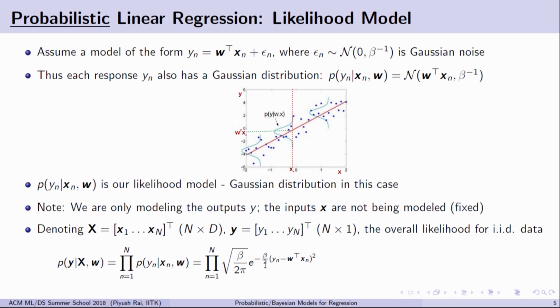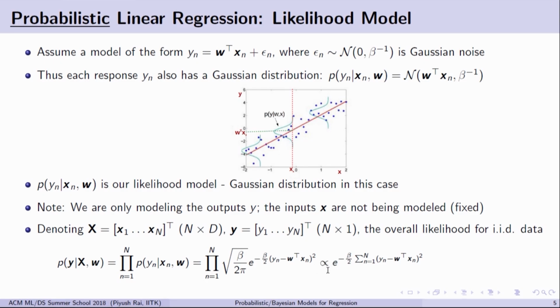So what is our overall likelihood? It is a product of the individual likelihoods of each data point, so we have a product of many such terms. When I multiply all these terms, the exponents get added up. What are we trying to estimate here? We are not trying to estimate beta. Beta is just a constant, so we can ignore it and think of it as a proportionality constant.